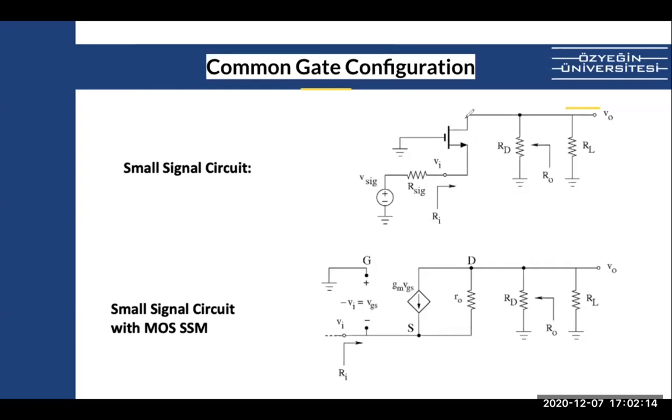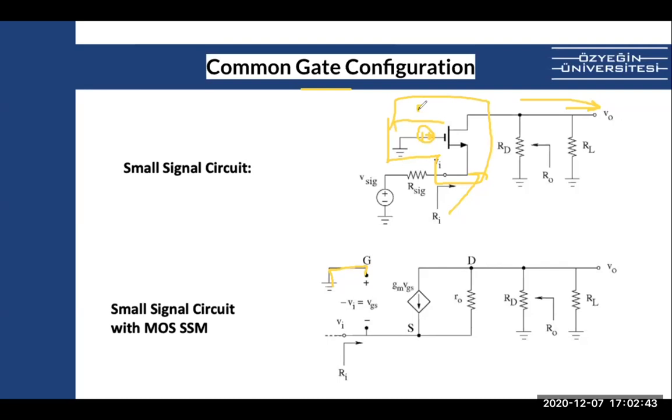So going to the circuit again, we apply the signal here, we get the output here. So what you do is you draw the small signal for this. You ground the gate. That's what we do. Because normally you have a bias voltage, but in the AC domain you have to short this, right?